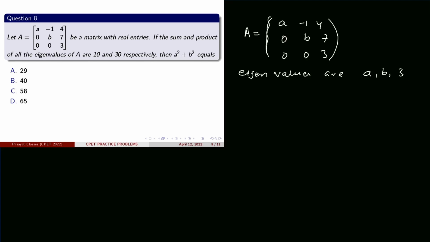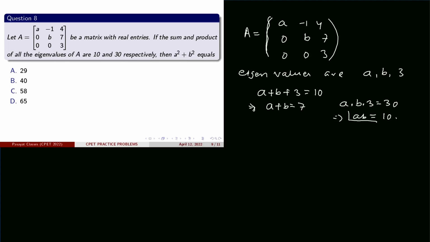Also given that the sum is 10, that means a plus b plus 3 is equal to 10. From this we can write a plus b is equal to 7. Also given that the product is 30, so a into b into 3 is equal to 30. That implies ab is equal to 10.